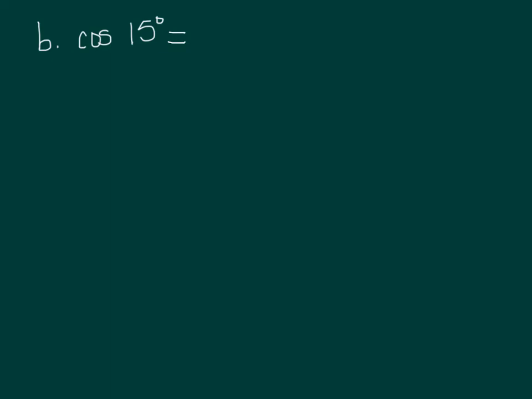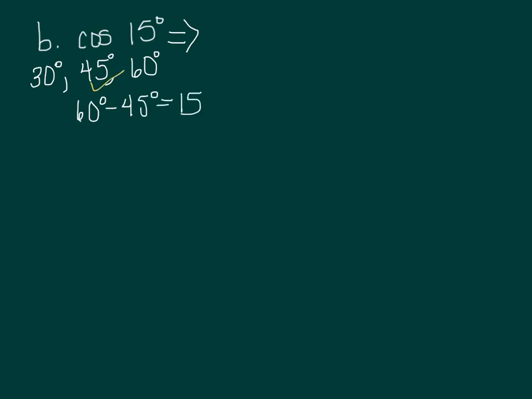My reference angles are 30, 45, and 60. I have to figure out how I can make a combination of 15. So I know that 60 minus 45 would give me 15. So I'm going to use these two and use the difference formula.